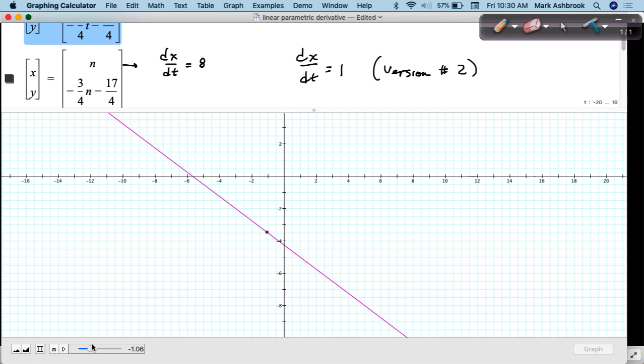So what's happening? How do these dx/dt show that they're different functions? I'm flailing here because my slider doesn't work.